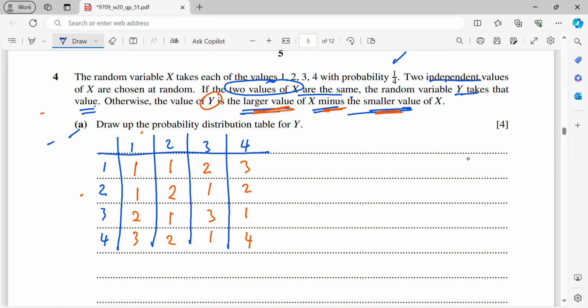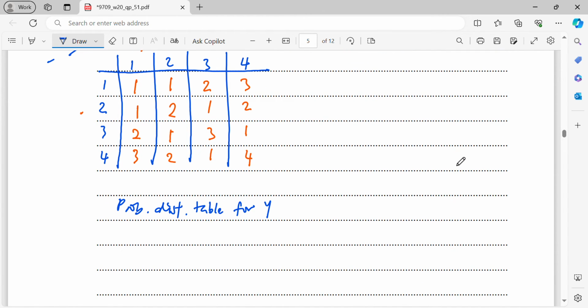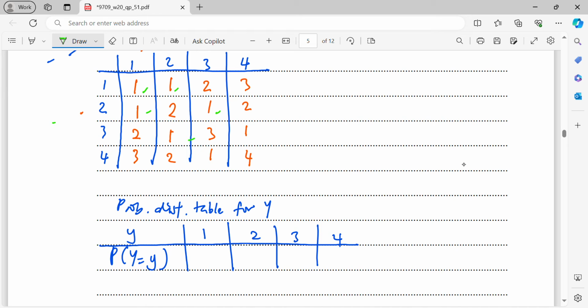Then from here, I will get my probability distribution table. So here I will write probability distribution table for y. My y values will be 1 to 4, followed by the probabilities. Now you just count how many 1s. So 1, 2, 3, 4, 5, 6, 7.